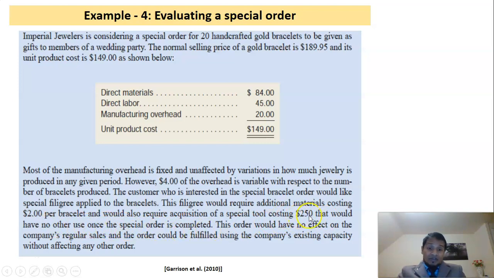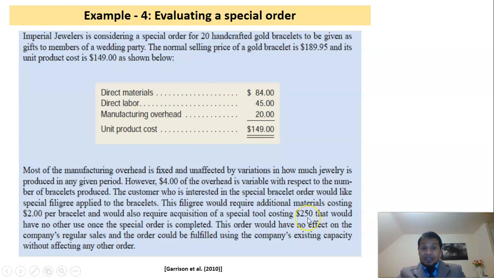So this 250 is a relevant cost because you have to buy it if you accept this order, right? If you want to produce this special bracelet, you have to purchase this equipment, and only for this order.